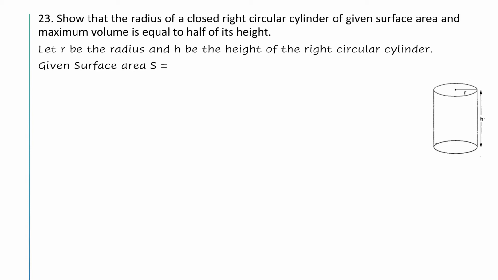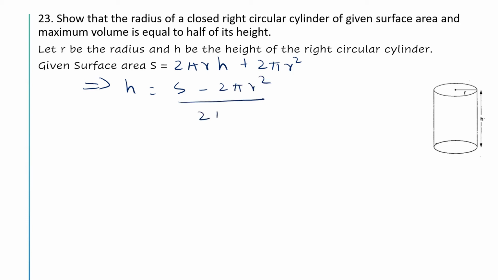Given surface area S is equal to 2 pi r h plus 2 pi r square. The total surface area of a cylinder is given by 2 pi r h plus 2 pi r square. So from this we have h is equal to S minus 2 pi r square divided by 2 pi r. Let us mark this as equation 1. Now we have to maximize the volume.